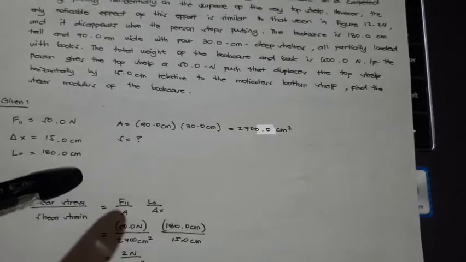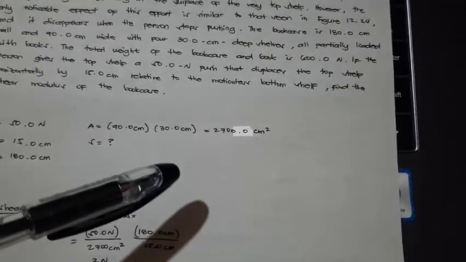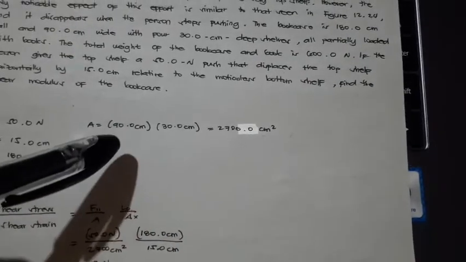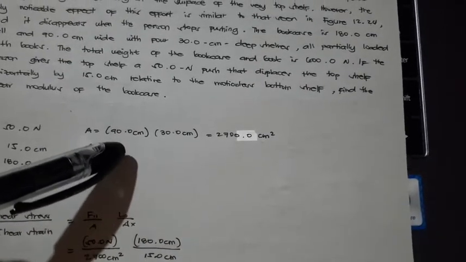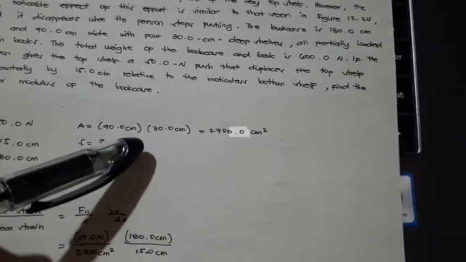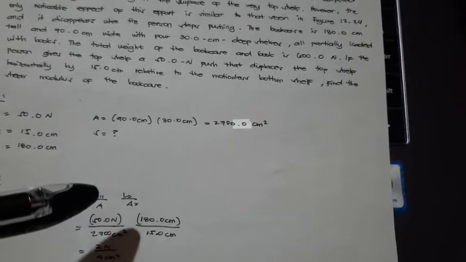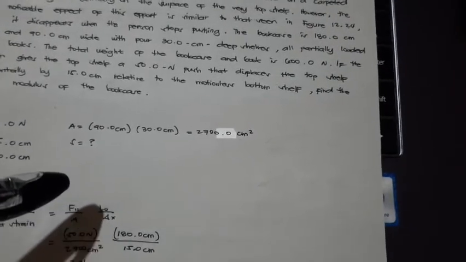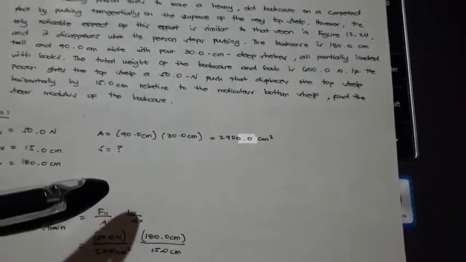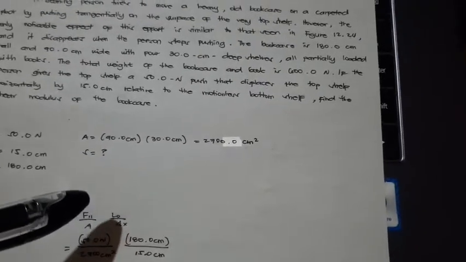Then the area, which is 2700.0 centimeter squared, where we get this from the 90.0 centimeter width multiplied by the 30.0 centimeter deep shelves. So our task is to find the shear modulus of the bookcase.